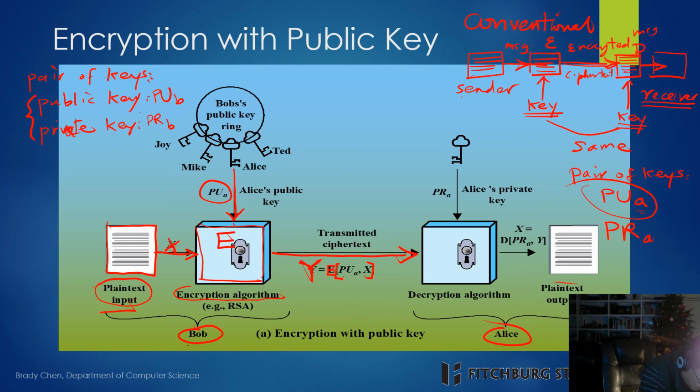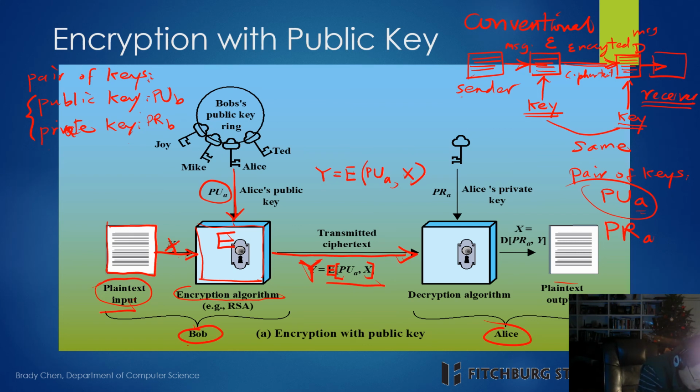That's the ciphertext. So the ciphertext is generated by the function E, which is the encryption algorithm, with the parameters. The first parameter is the public key for Alice, and also the plain text Bob wants to send to Alice.